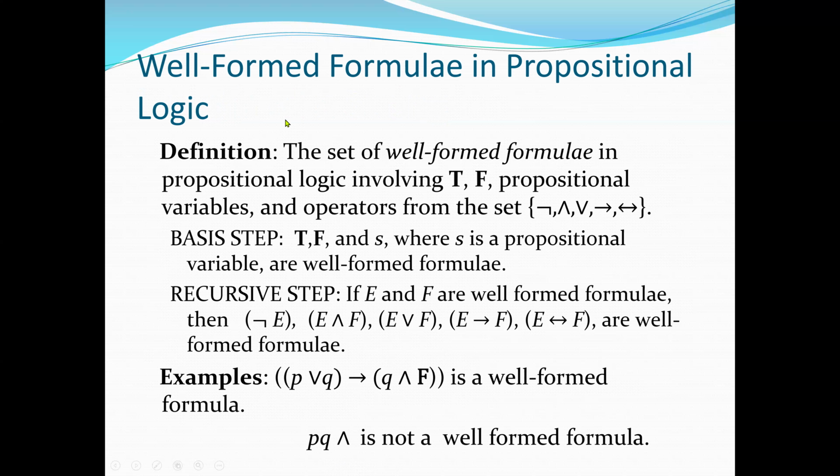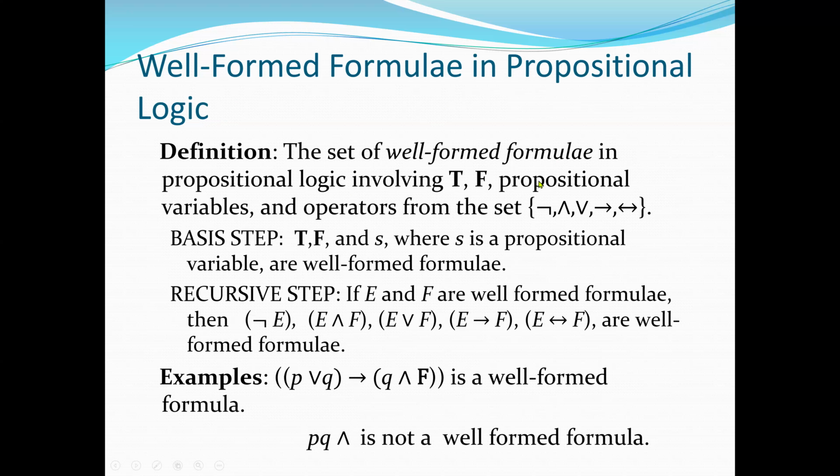So this is a well-formed formula for propositional logic. We know that the set of well-formed formulas in propositional logic always involves true-false propositional variables, which is the binary numeric system: 0 is false and 1 is true.